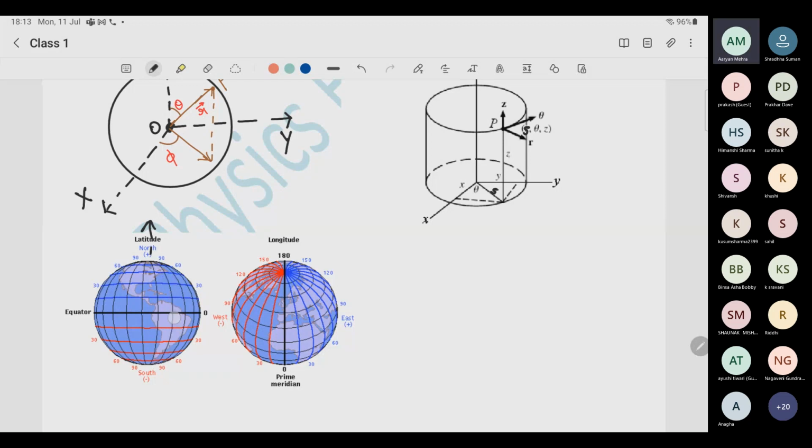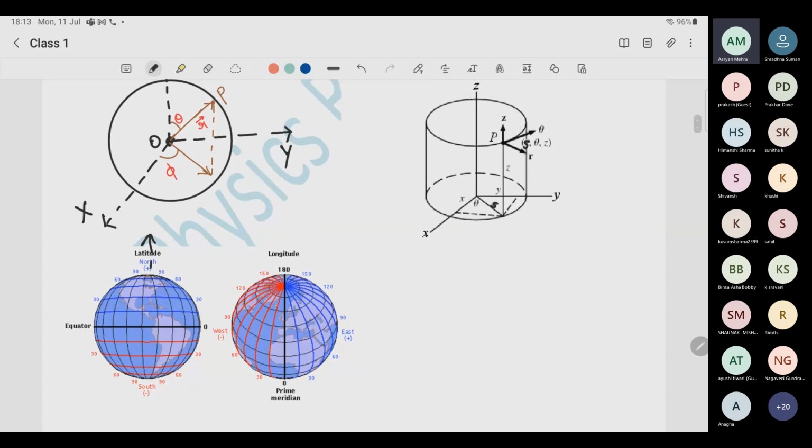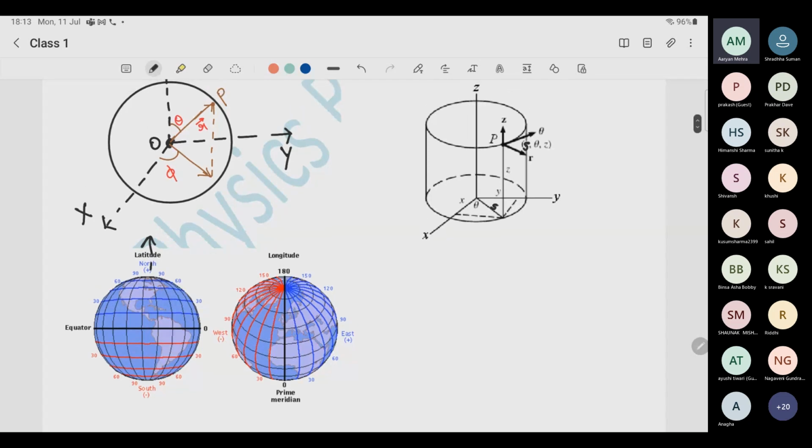The second thing comes: once you know where on this line your point is, then you need to know where exactly on this line your point is. Then comes the angle phi. This is called phi. So whether you are talking about this line, this line, or this line, you have to define the angle phi.